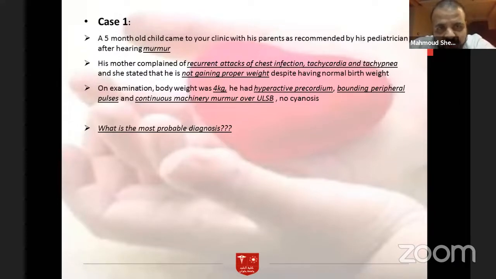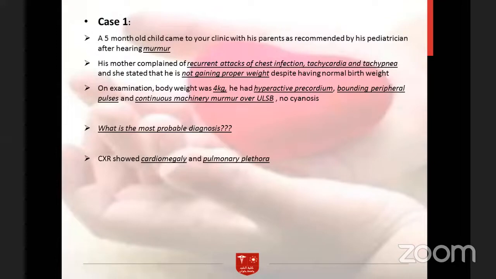Okay. So let us see what we should expect in the X-ray or the echo. We did a chest X-ray which showed cardiomegaly and pulmonary plethora. The ECG showed LVH and left atrial enlargement.